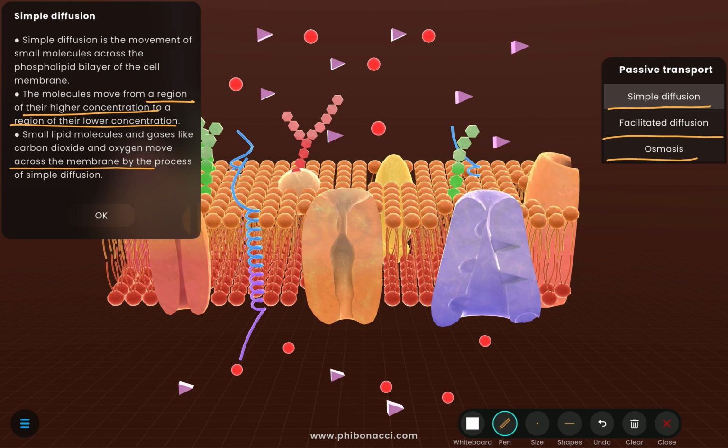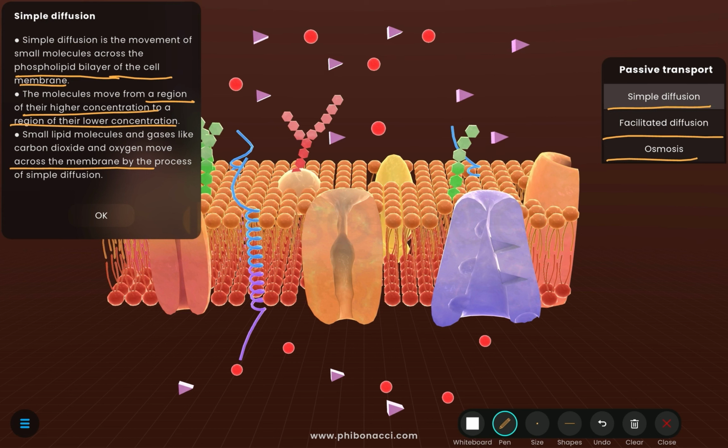It happens just like that. The molecules don't need any assistance. They just travel on their own. That is the process of simple diffusion, and it takes place across the phospholipid bilayer part of the cell membrane. That is the important thing about simple diffusion.